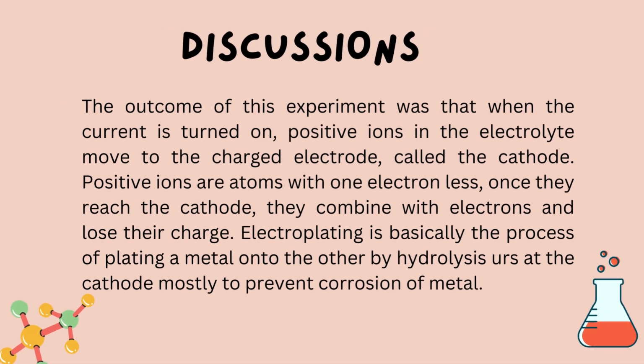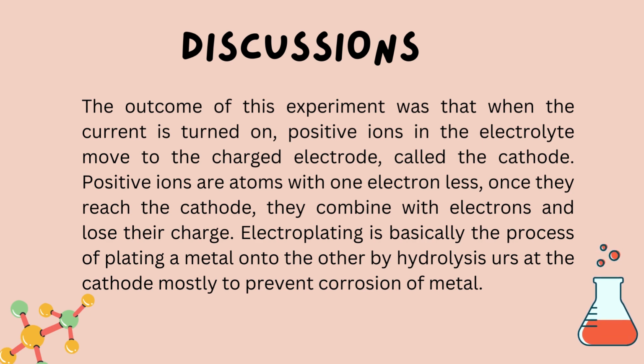The outcome of this experiment was that when the current is turned on, positive ions in the electrolyte move to the charged electrode, called the cathode. Positive ions are atoms with one electron less. Once they reach the cathode, they combine with electrons and lose their charge.